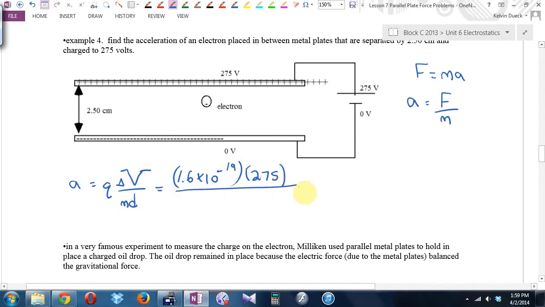Mass. It's an electron. I know the mass is 9.11 times 10 to the negative 31. Distance. Don't say 2.5. Please be careful. 0.025.